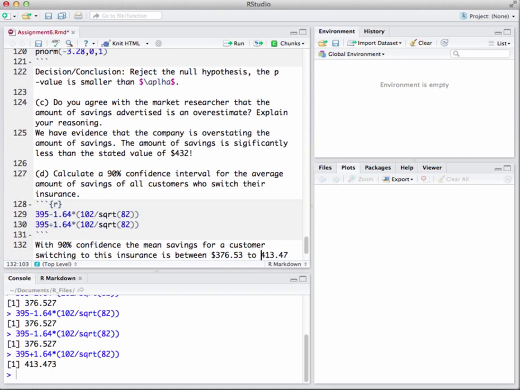Okay, so do these results agree with our hypothesis test, right?